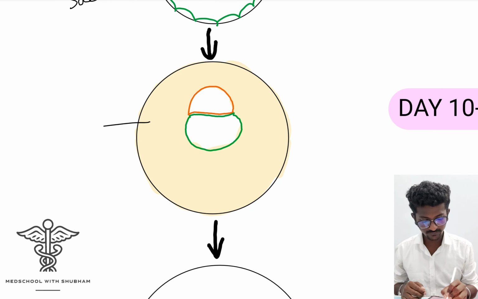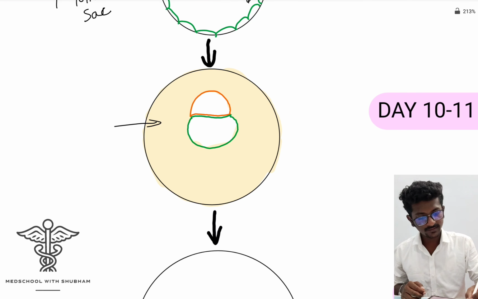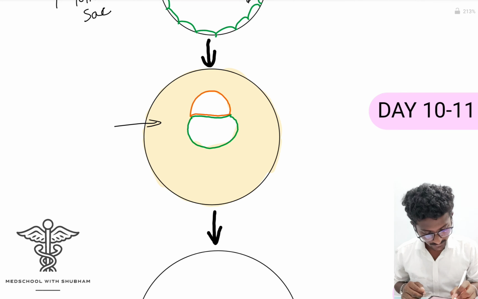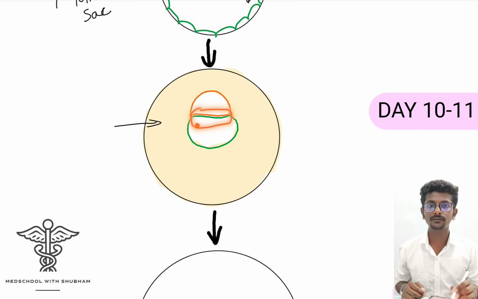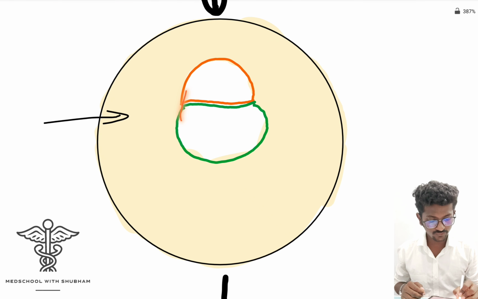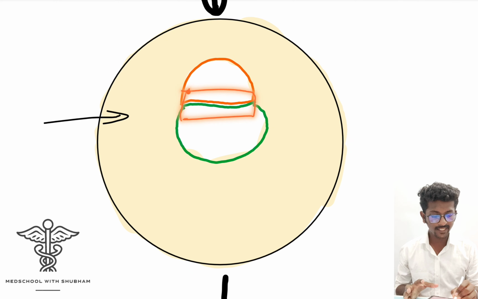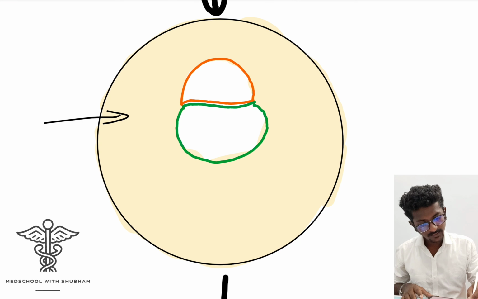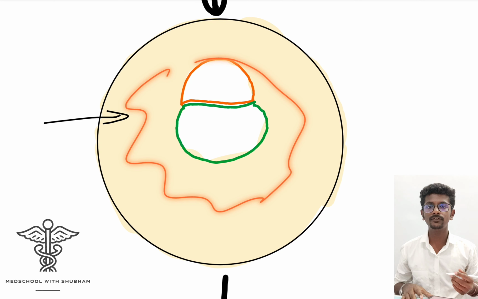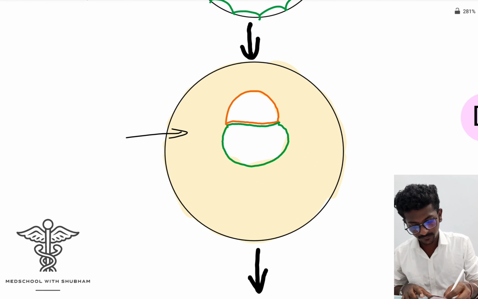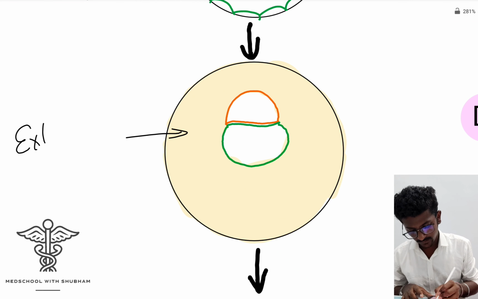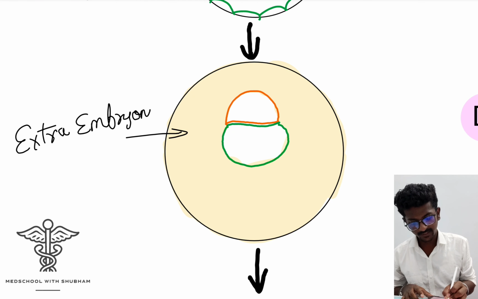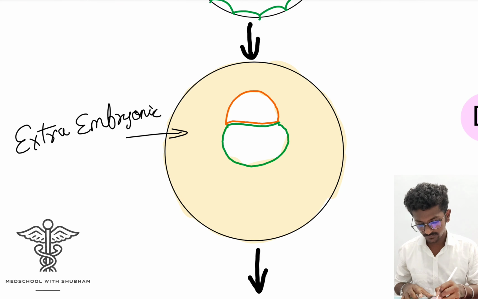Let me name this new cell layer. See guys, this is the actual embryo. This is going to form the actual baby. So this is the actual embryo, and this layer is outside the embryo. Therefore it is called the extra embryonic mesoderm.